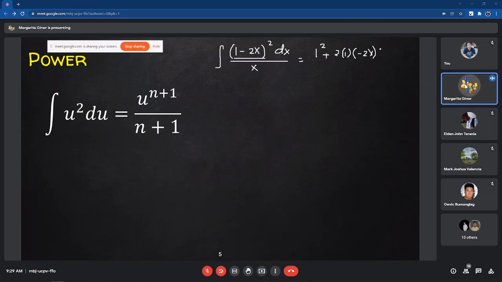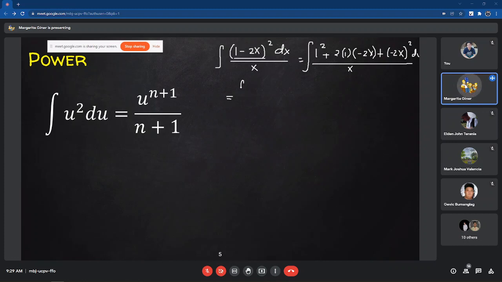And then you're going to square the last term, which is negative 2x. Okay. And then multiply it by dx. Dx na sa punta, ha? And then divide it by x. Put the antiderivative. Okay, now let's try to simplify the equation.